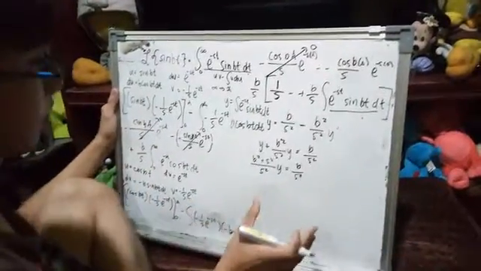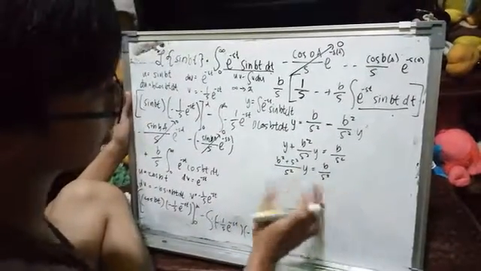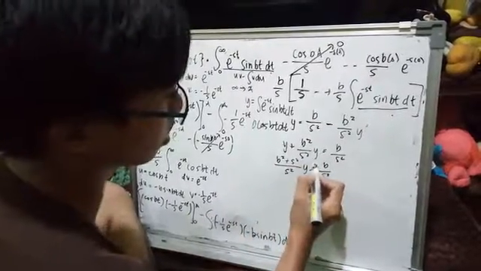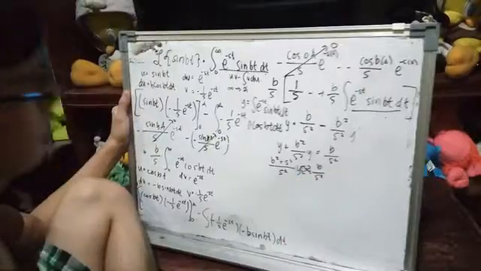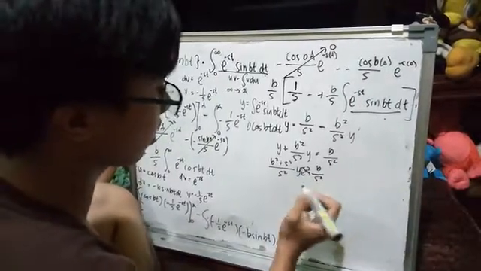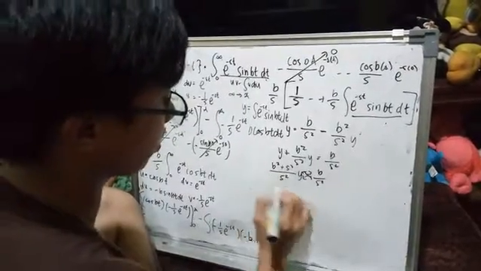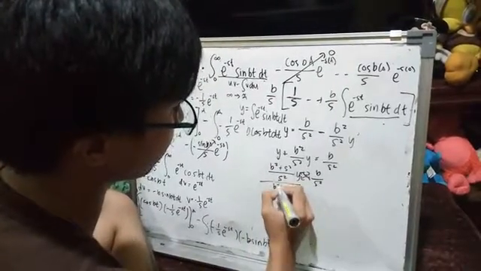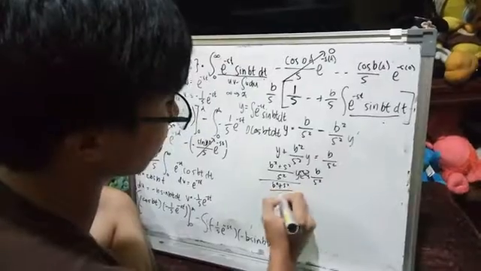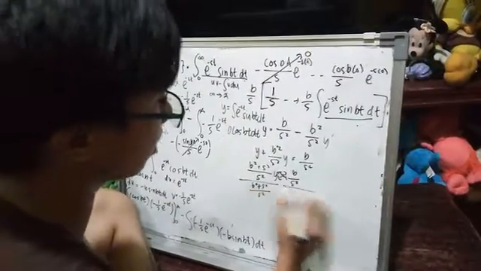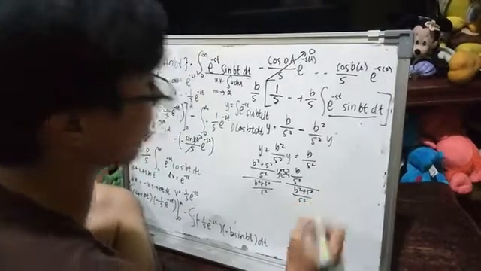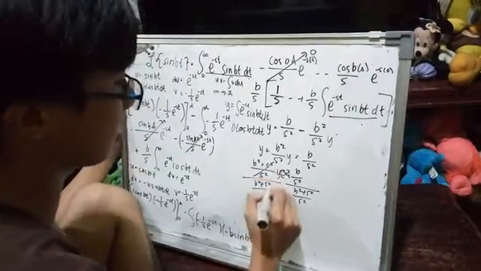So if we simplify this equation, I can divide both sides by b squared plus s squared over s squared. This will cancel out.